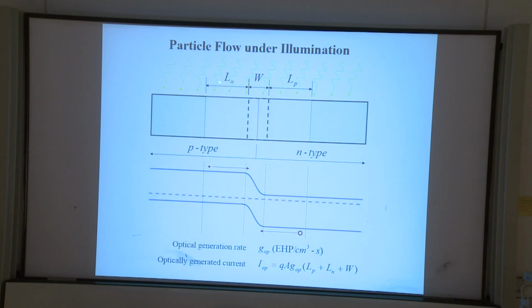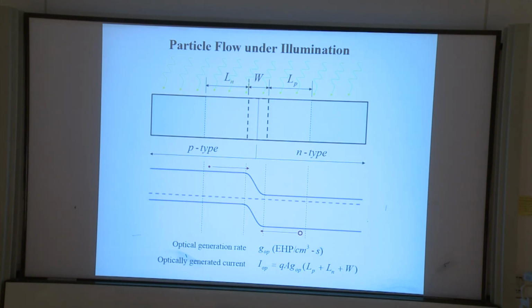If an electron is generated in this region, then we can estimate that this amount of electrons can go past the interface. Same as holes. If a hole is created in this region, then we can estimate that it will be able to safely go across the interface.